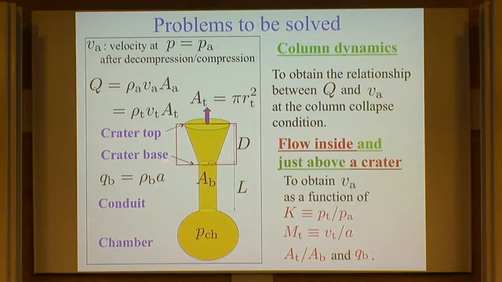If you give the cross-sectional area ratio, AT over AB, and QB, we will get the pressure at the crater top and the Mach number at the crater top. That will be the next problem to be solved.